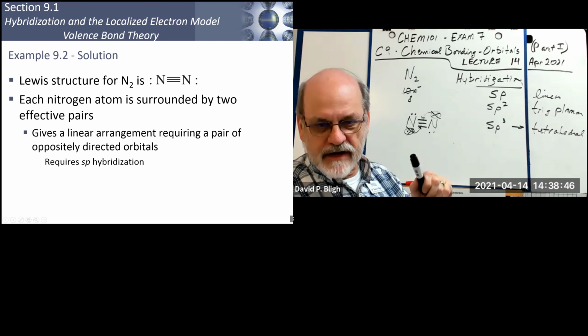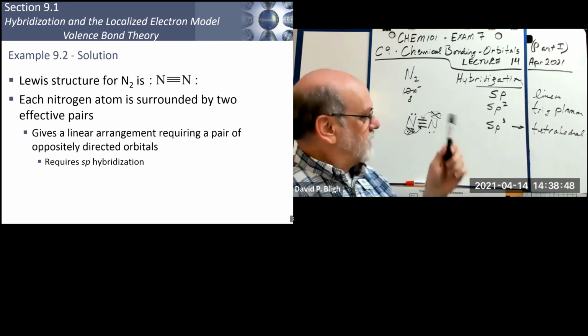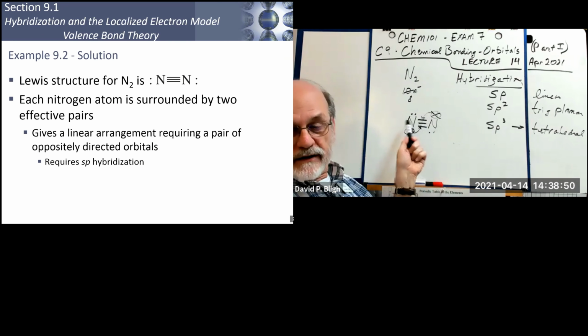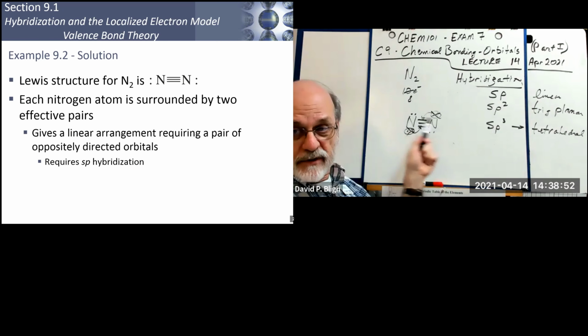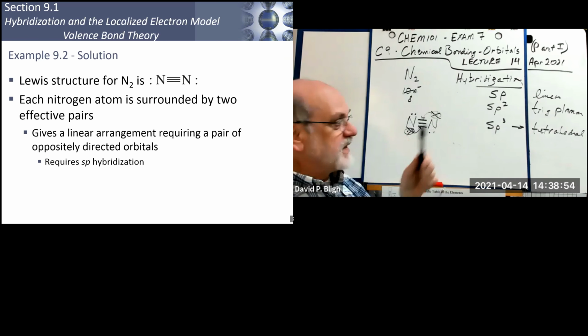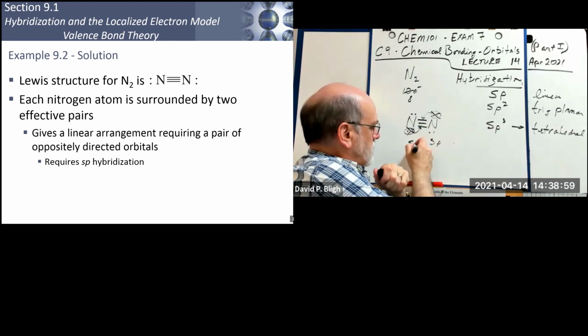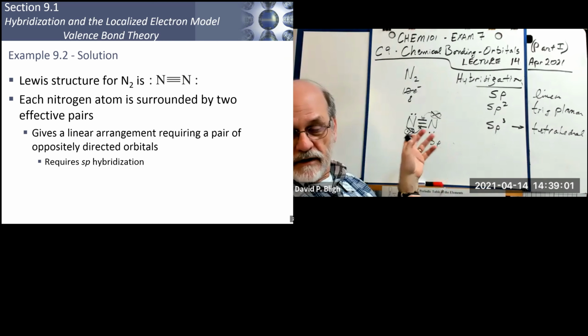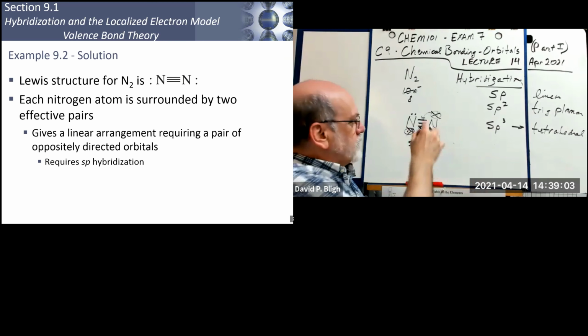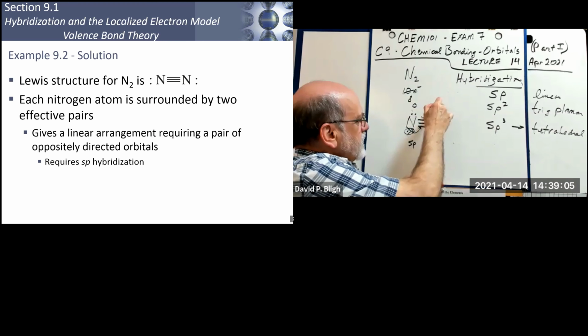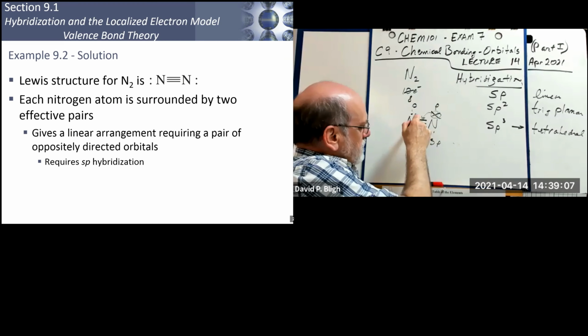Sp hybridization gives us room for a bond. One single bond between the nitrogens would be sp. And that means you have 2 unused p orbitals. So you have a p here, a p there, and a p back here, and a p back here.